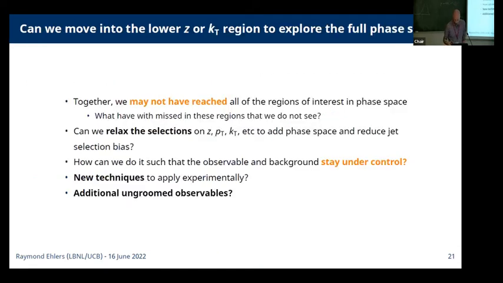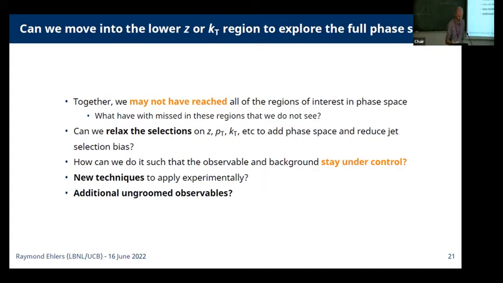And so together, to me, this raises the question of whether we can access the rest of this phase space. Can we find a way to relax these requirements on our Z or our PT or our KT to have some more clear signals for observing these different effects, while actually keeping our observables and background under control?